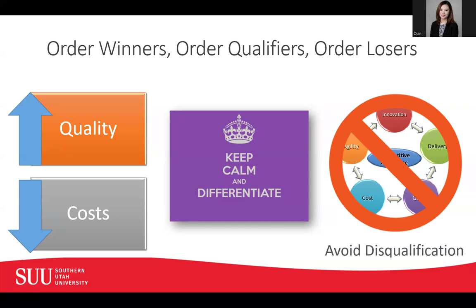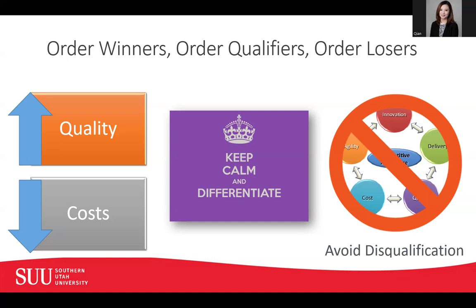Then, besides having the ticket to enter into the market, you will also win the customers. The customer will choose you, not your competitors, because of the similar products with a lower price. This is what we call the order winner.